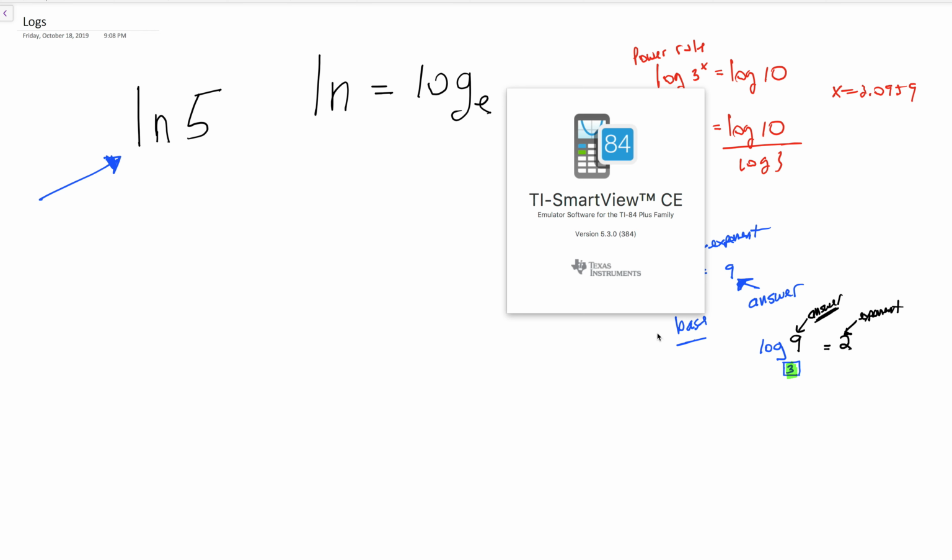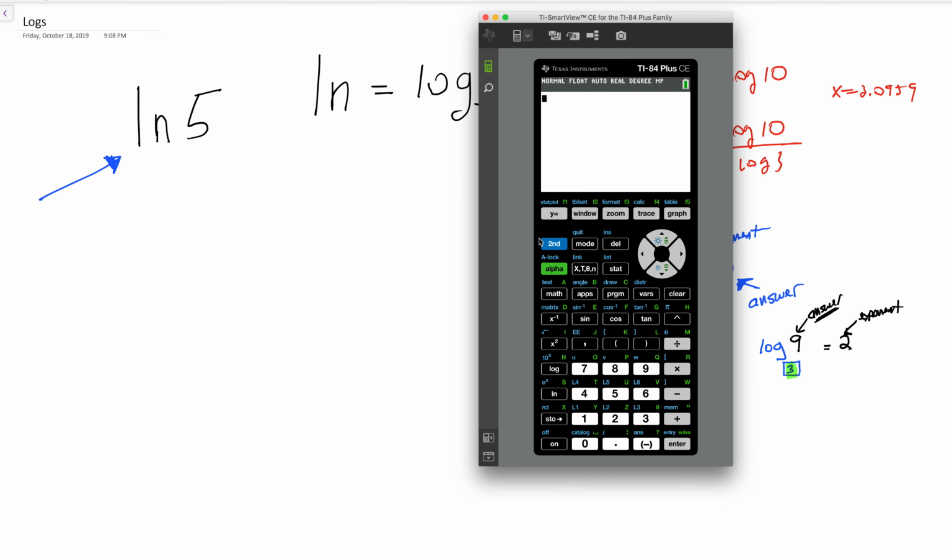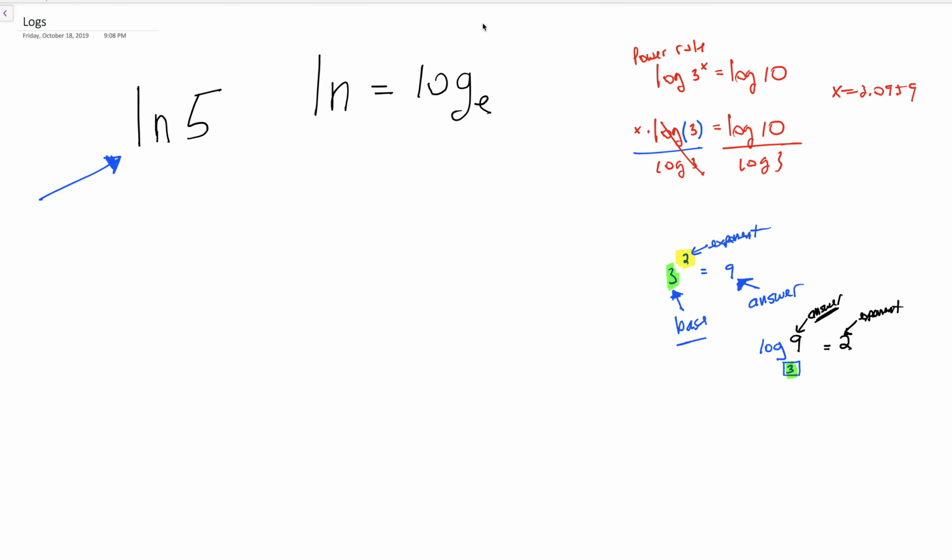It's 2.718. It's the second function above the division symbol. All right, hold on one second. ln 5, if I wanted to rewrite that and make life easier, I would just write it as log base e of 5.